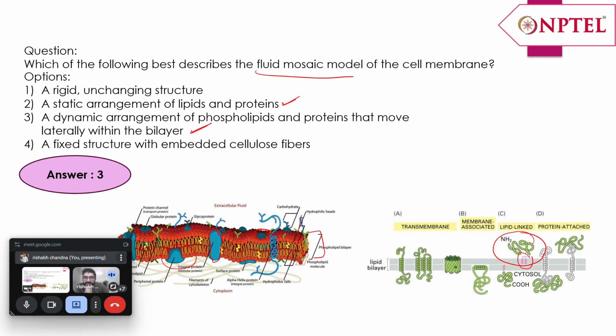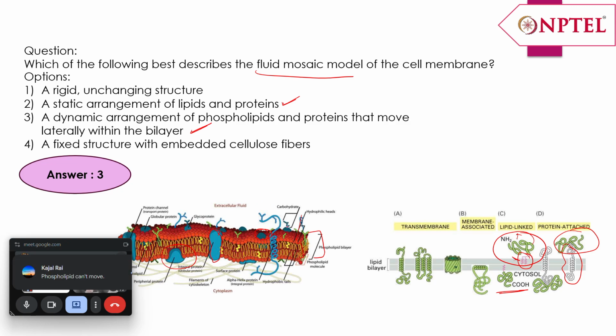So this is the outer cover, like one layer of the cell membrane, and this protein is linked to that particular layer, and similarly this one is linked to the other side. Then we have proteins that are attached to the other proteins. So these proteins are basically attached to the integral membrane proteins. This is basically the description of the proteins that are present in the cell membrane.